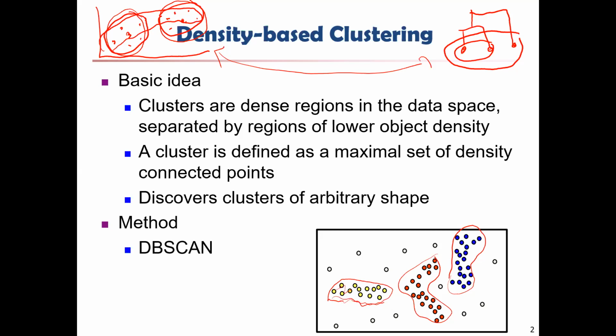When you reach the maximum boundaries, the maximum number of points, and you cannot really move beyond these boundaries based on that criteria, we are going to claim that, hey, this is the cluster, and we are going to stop there. So we basically discover one cluster, and then we are going to check other data points in our data set to find out whether they are connected to anything else in the data space.